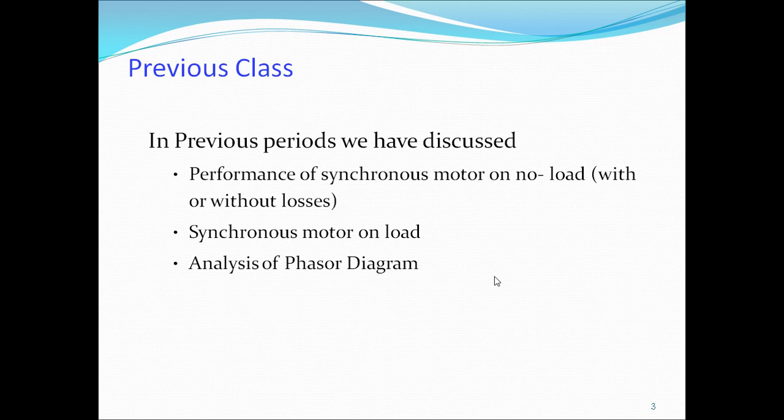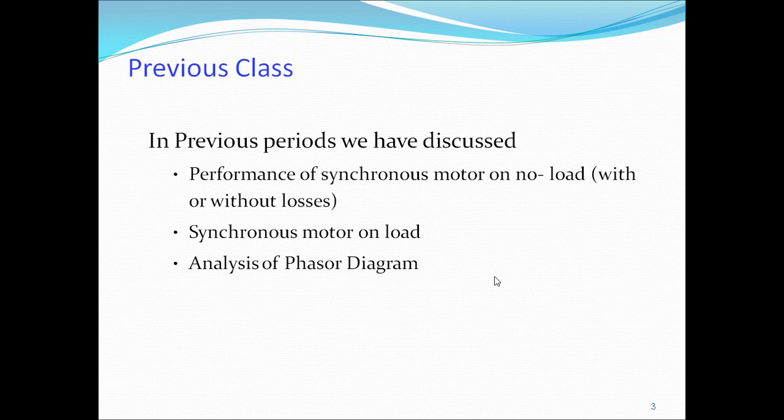Suppose we apply a load on the motor, then what happens? The axis between the stator and the rotor changes; the rotor falls back by an angle alpha, which is called load angle or coupling angle. The value of load angle depends on the amount of load to be met by the motor.